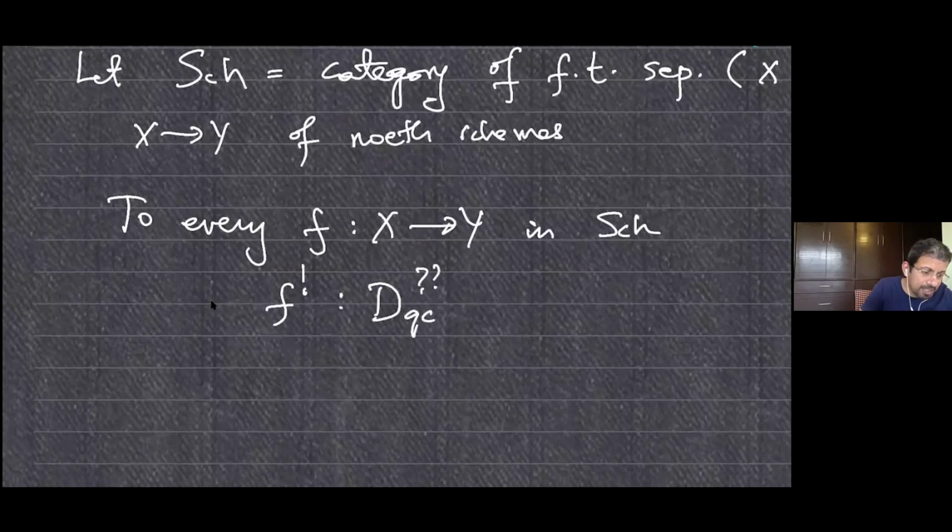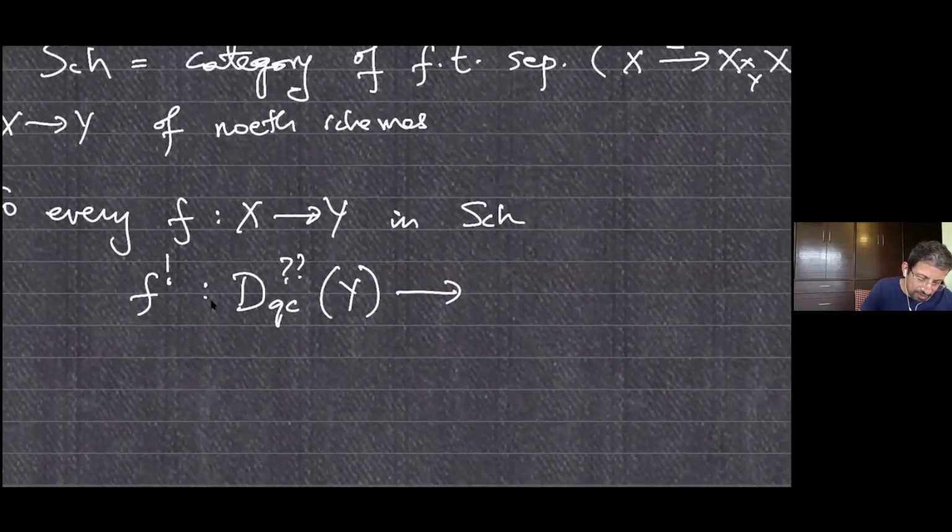Again, I'll put a question mark here because we'll come back and clarify the superscript. Subscript QC, if you remember, is complexes which have quasi-coherent homology. Superscript will be how they are bounded: bounded below, bounded above, that kind of thing.